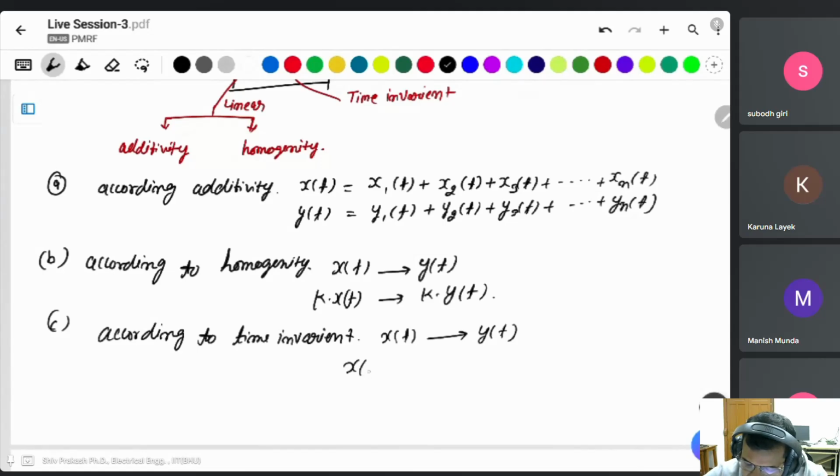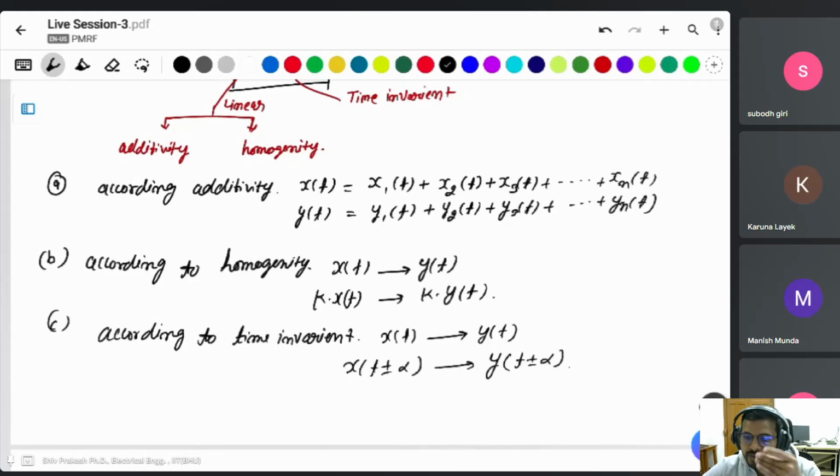If you give some delay to the input, the same delay is provided by the output also. There is no change. If there is any change between them, if the same delay is not there, then the system is a time variant system.